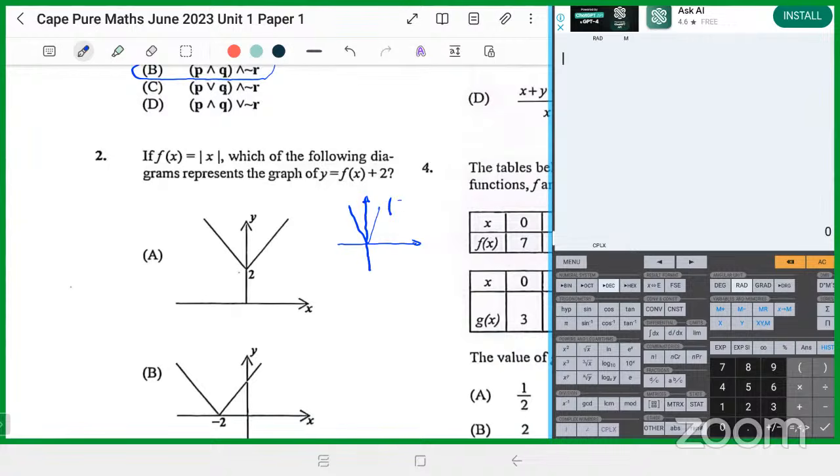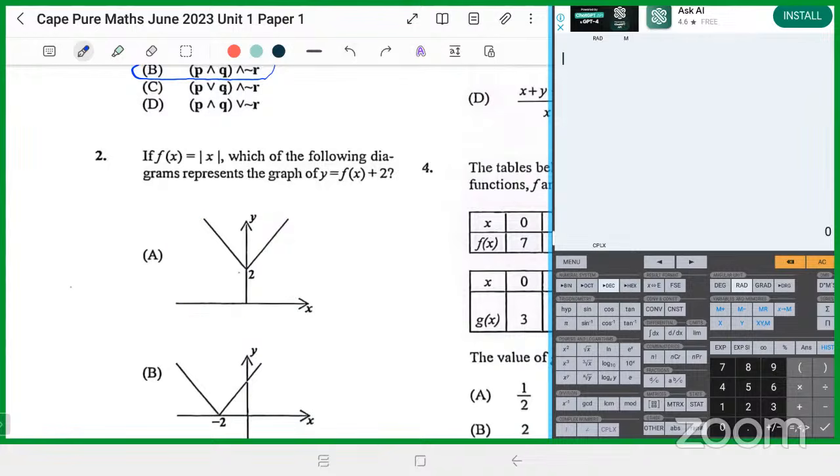And that would be the modulus of x. But the plus 2 means that you have now moved it up 2 units. So let me draw this over.